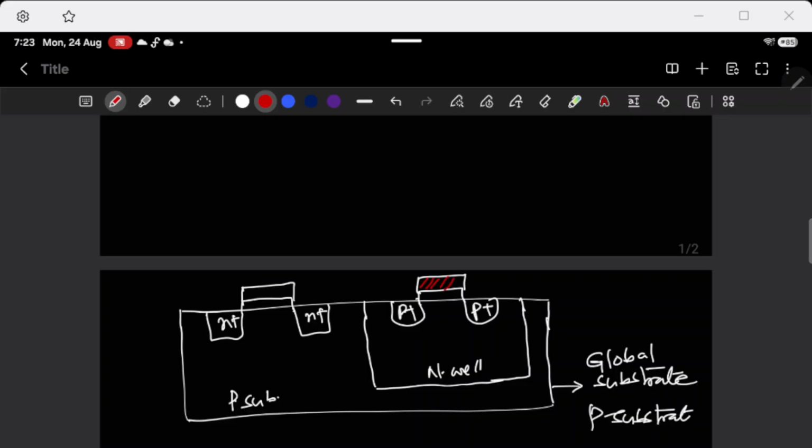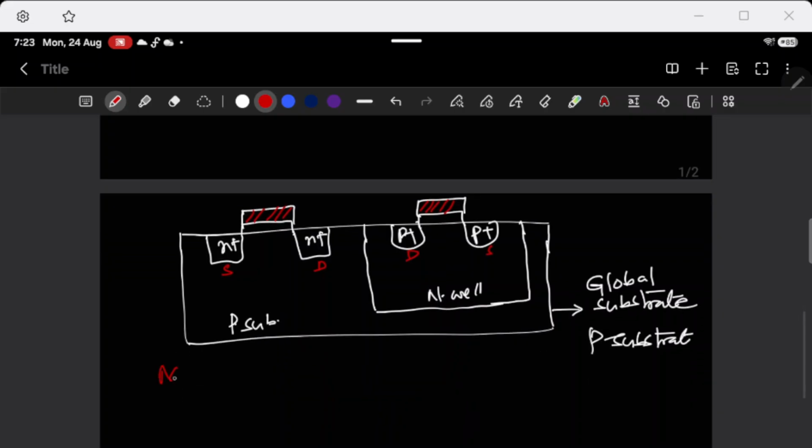This is our gate, and this is our source, drain, source. So in MOS structures, both source and drain are interchangeable.